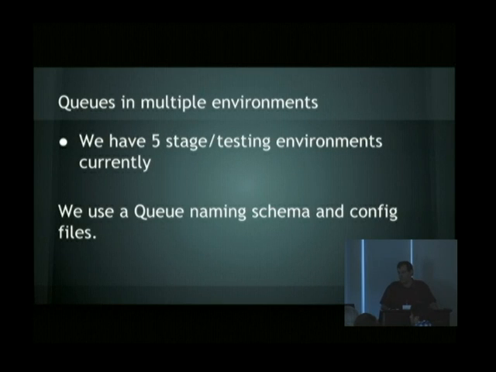So instead, we basically said every single queue is going to have a name attached to it that is defined, so we could have stage 1 dash whatever the queue name is, stage 2 dash whatever the queue is. Then we had our configuration system tell each thing what to write.